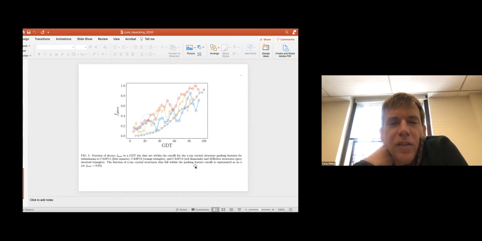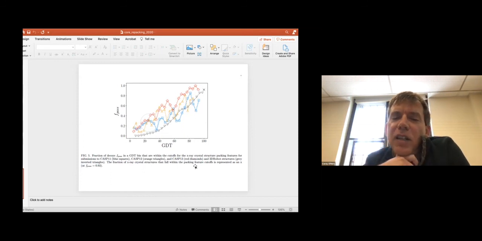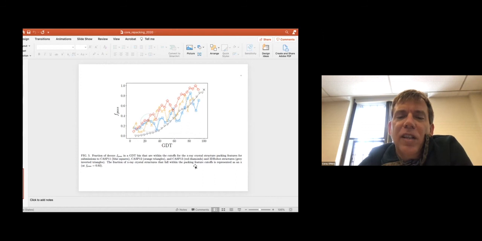And so what we did is we built a filter. We used machine learning approaches, and this is a very simple classification scheme to try to predict the GDT. So remember, the GDT is the global distance test, and it is just a score between 0 and 100, which tells you how close the computational model was to the experimental structure.